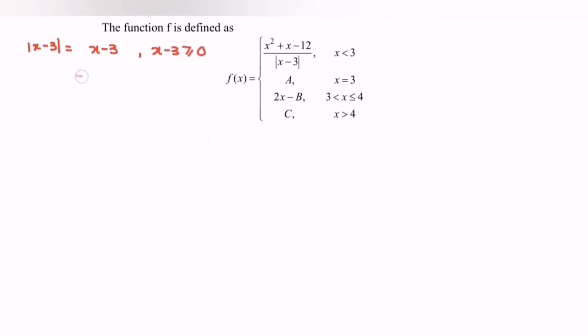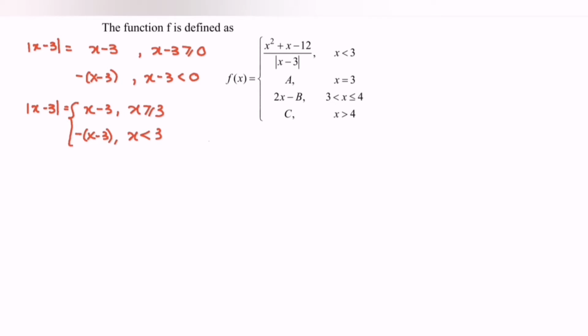Next we will have negative (x minus 3), and the domain will be x minus 3 less than 0. After we simplify, we will have the modulus of x minus 3 equal to x minus 3 with domain x greater than or equal to 3, followed by negative (x minus 3) with domain x less than 3.